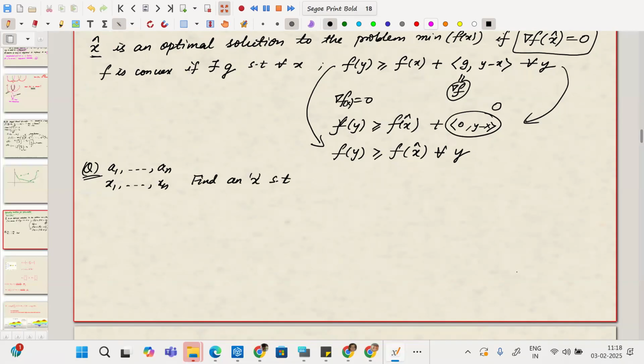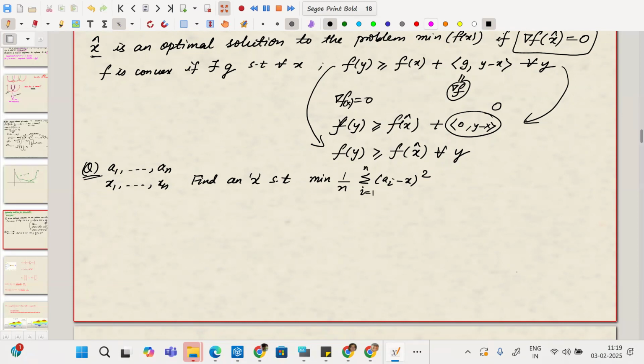such that the minimum of 1 by n times the summation of ai minus x, squared, is satisfied. So you can think of it as the average of the sum of squares: sigma of ai minus x whole square, taken over all ai from 1 to n, and then you take the average.